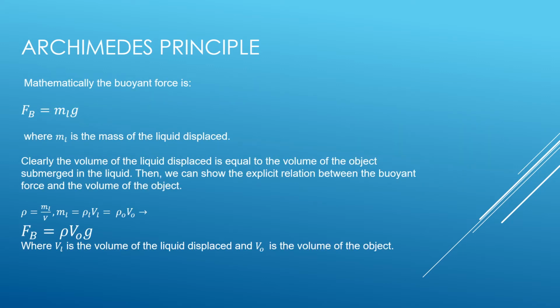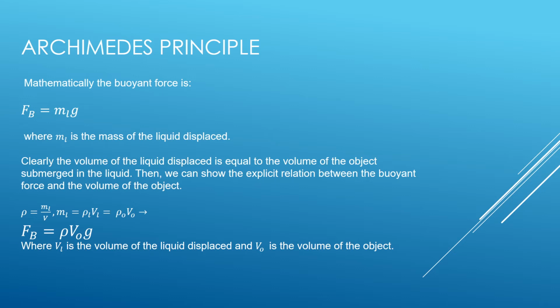Okay, mathematically, Archimedes' principle is: the buoyant force equals the mass of the liquid displaced times gravity. Now clearly the volume of the liquid displaced is equal to the volume of the object submerged in the liquid. Then we can show the explicit relationship between the buoyant force and the volume of the object.